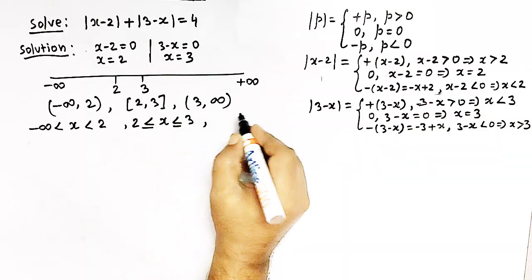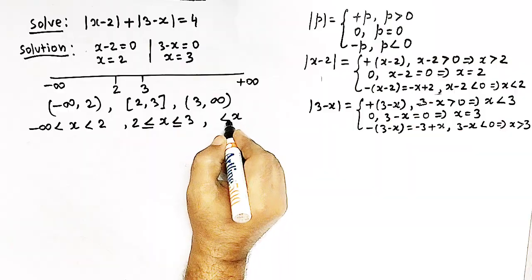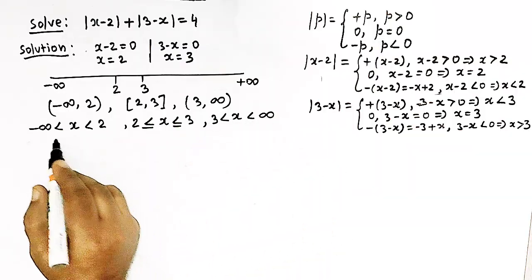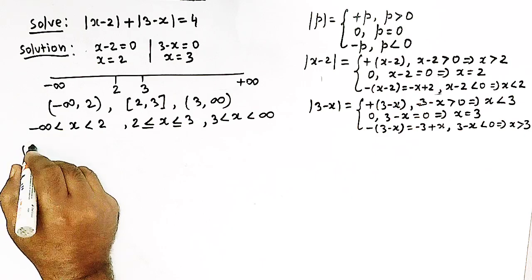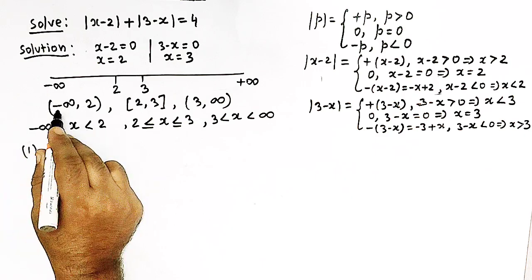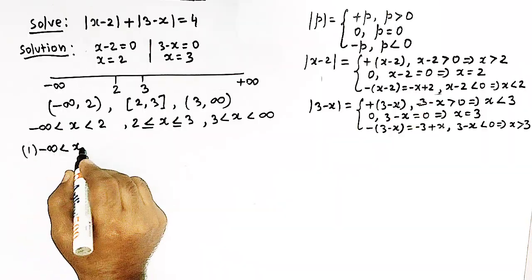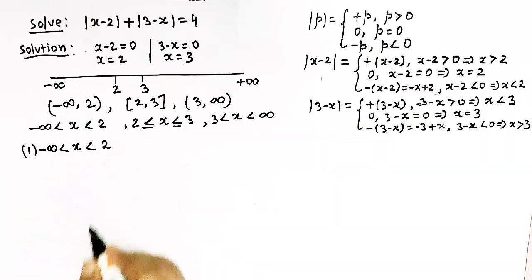And in this interval we have x greater than 3 but less than infinity, right? So now let us first take this one, that is this interval. x is greater than minus infinity but less than 2.